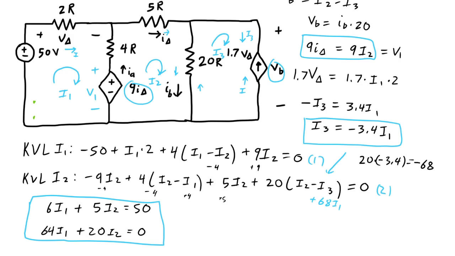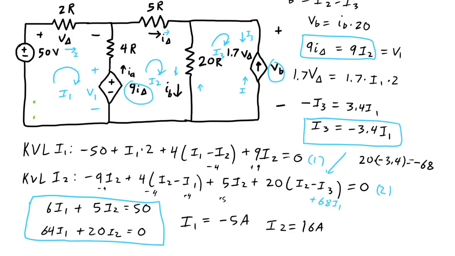You can use substitution or anything you want to solve the linear equations. I'm going to use my calculator: 6x plus 5y equals 50, and 64x plus 20y equals 0. Okay, so I get a value for I1 as minus 5 amps, and I2 equals 16 amps.